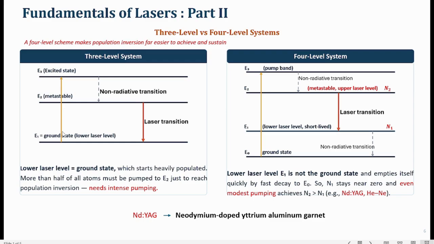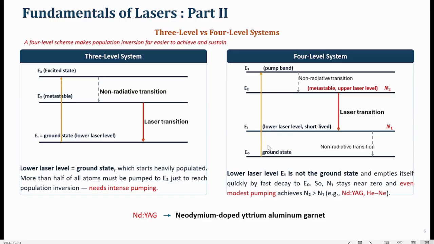In this case, the lower laser level is actually the ground state, and since the ground state is generally heavily populated, N1 is always large here, so N2 must be even greater than that for the condition of population inversion. So in the 3-level system, intense pumping is needed so as to make N2 large compared to N1. Now let us see what happens in this 4-level energy system.